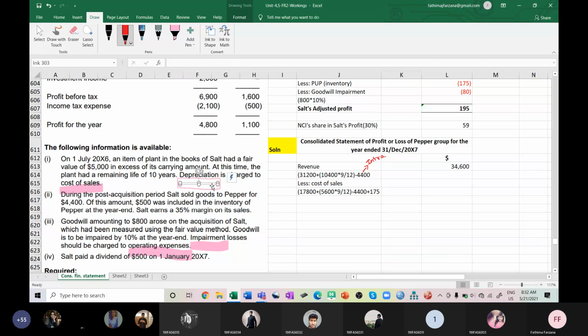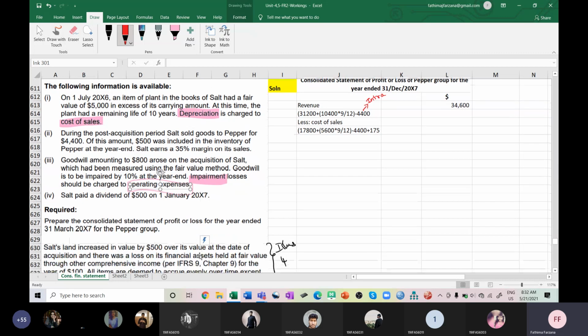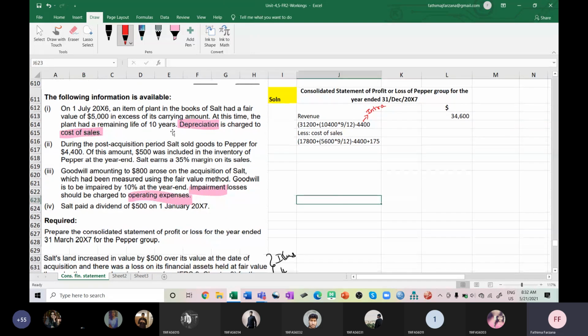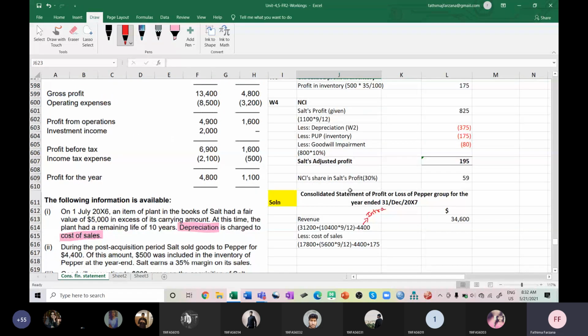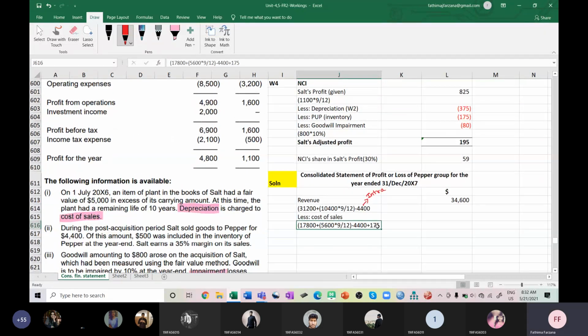Impairment should be treated in operating expenses, and depreciation should be treated in cost of sales, right? So here, depreciation, that is cost of sales, I should take. How much is the depreciation in cost of sales? Should I add or deduct? Add 375. Yes, because this entire cost of sales is a negative item, so add the depreciation, 375. All the items are right here.